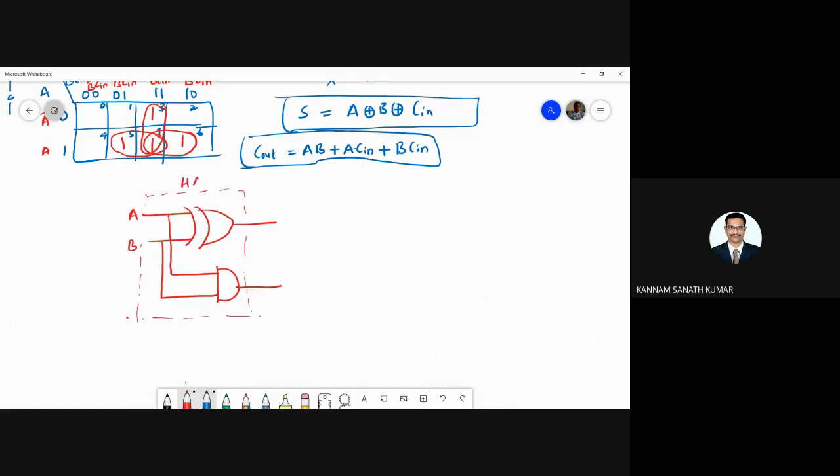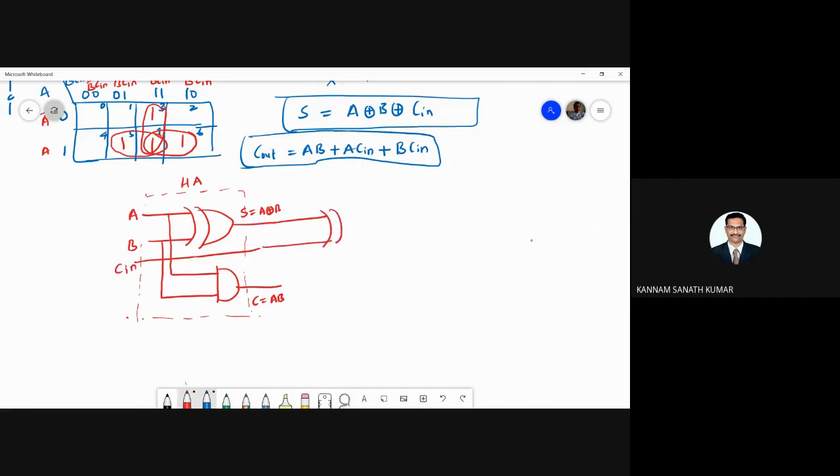So what is the output? S equal to A XOR B, and carry equal to AB. Again, let us take one more input. So this is nothing but Cin.